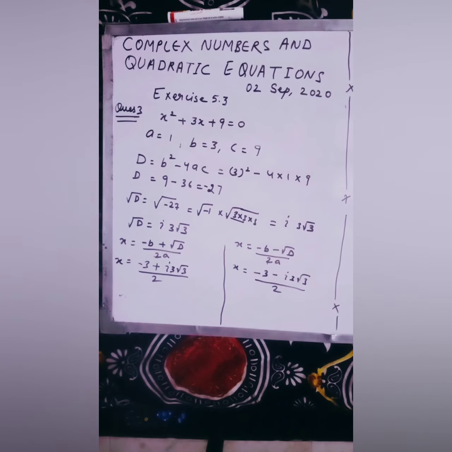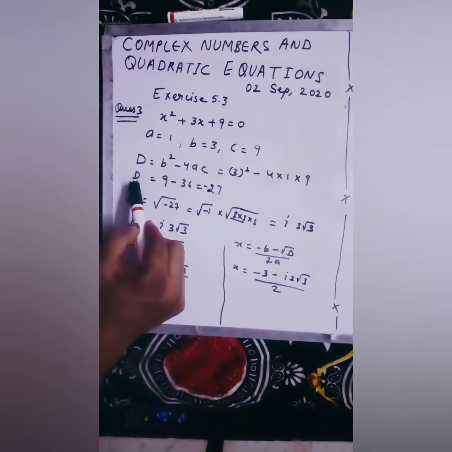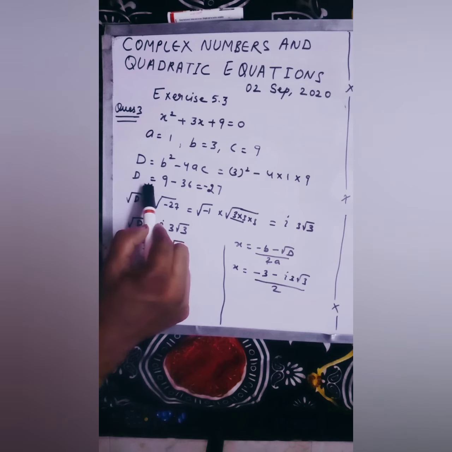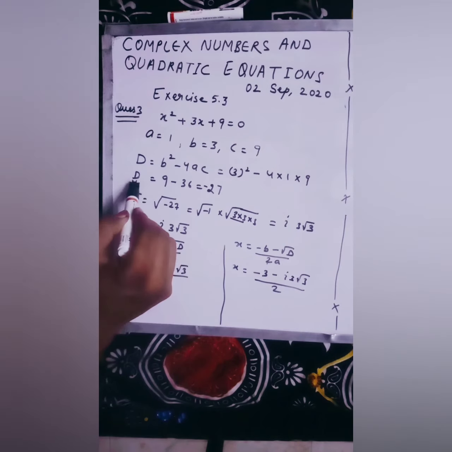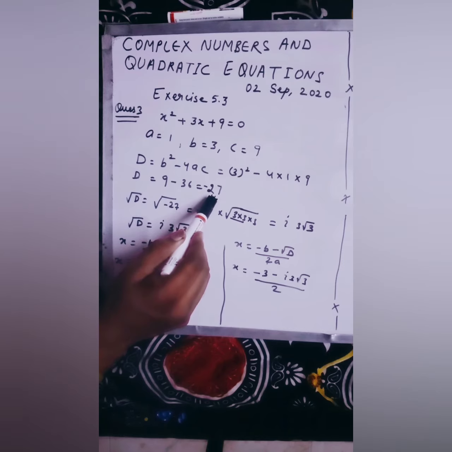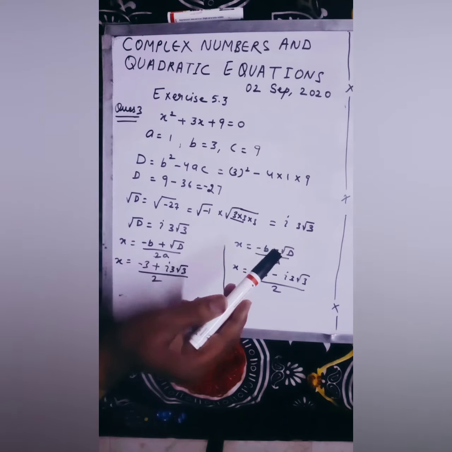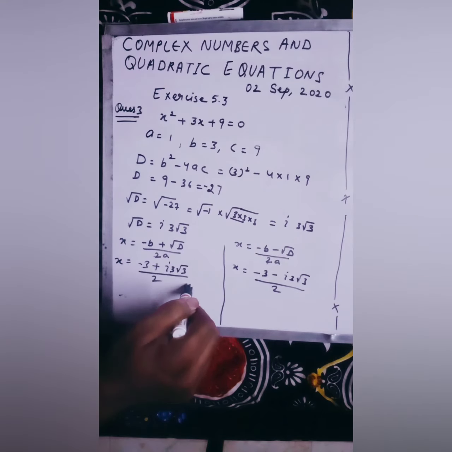Fine. In 10th standard you have done that when d is less than 0, real roots will not exist. Here in 11th standard you will study that if your d is coming negative, your real roots will not exist, but your complex roots will come.